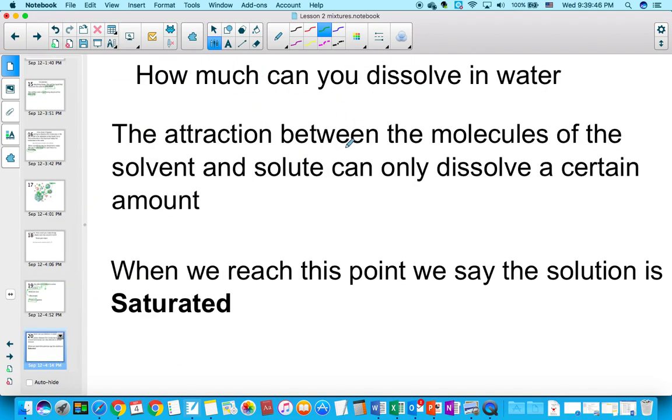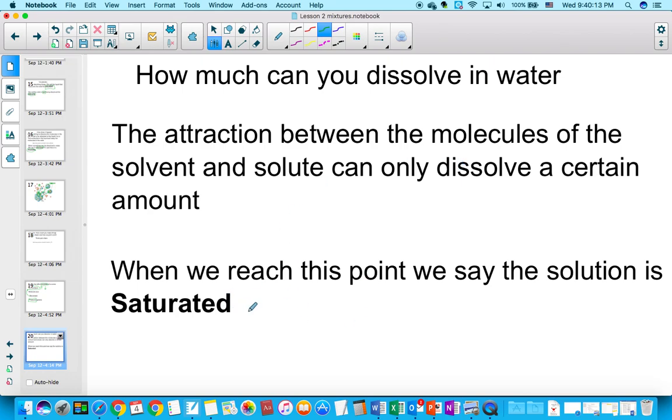How much can you dissolve in water? The attraction between molecules of solvents and solutes can only do so much. You can only dissolve a certain amount of sugar in a glass of water. You can only dissolve a certain amount of salt in a glass of water. After a certain point, you're going to see the salt appear at the bottom. You're going to see the sugar appear at the bottom.